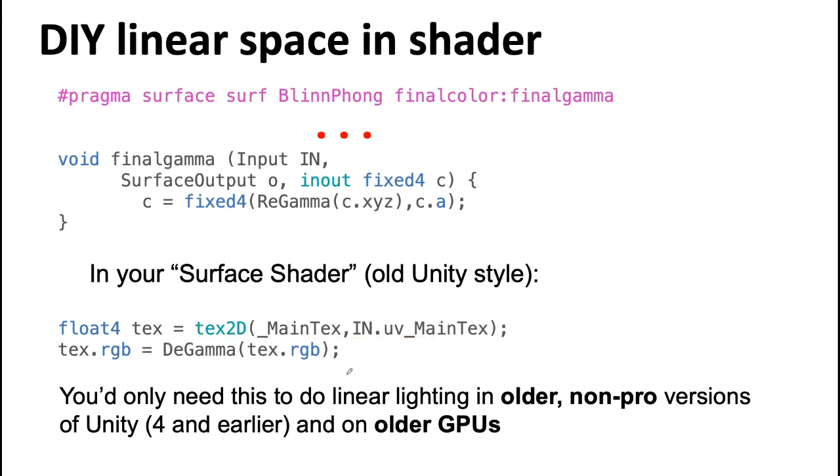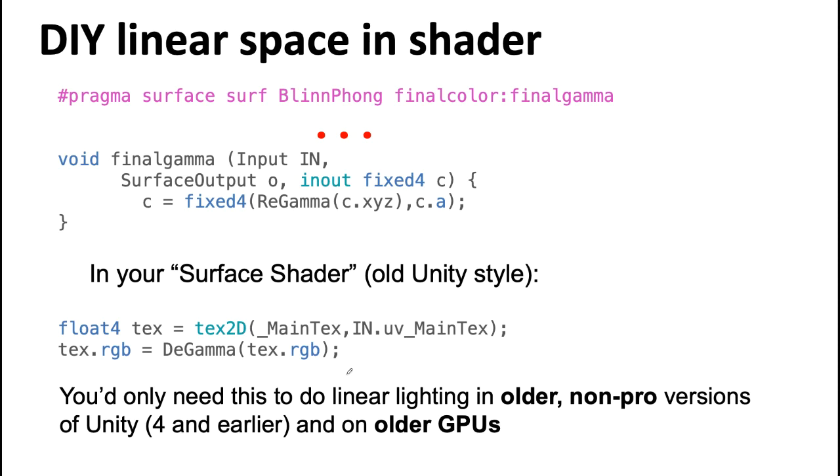The problem with this is that this is taking up extra cycles in your shader code. So it's a lot nicer to have the GPU do it for you. And fortunately, from Unity 5 onward, Unity decided to unify the feature sets greatly between the Pro and the Indie versions.